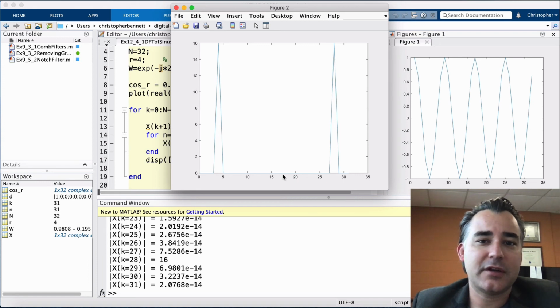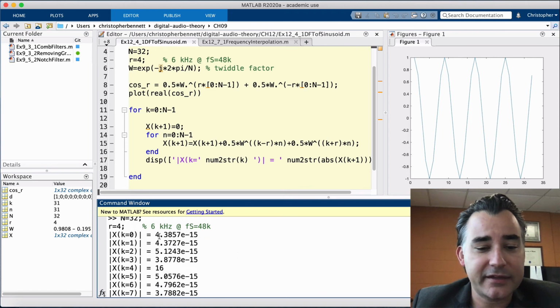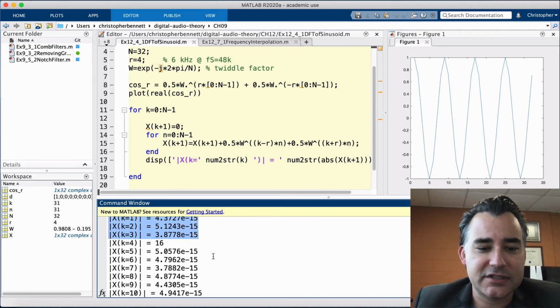So it's going to appear at the top half of the complex plane as well as somewhere in the bottom half of the complex plane. We can also see this by displaying the value of every single bin of the DFT. So at 0, 1, 2, and 3, these are all very close to 0. As soon as we get to bin 4, all of a sudden we have a large spike.